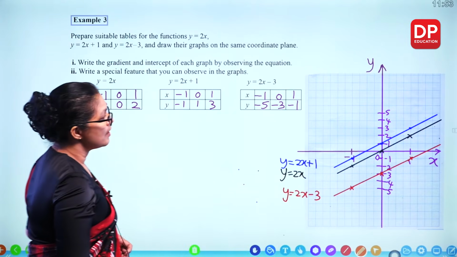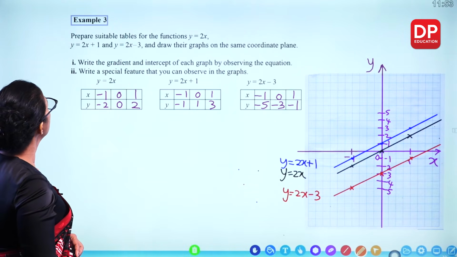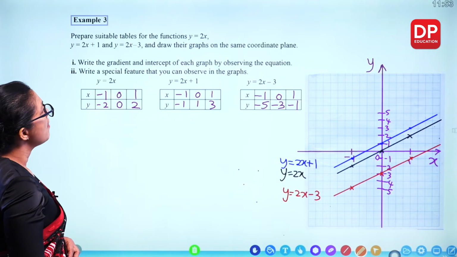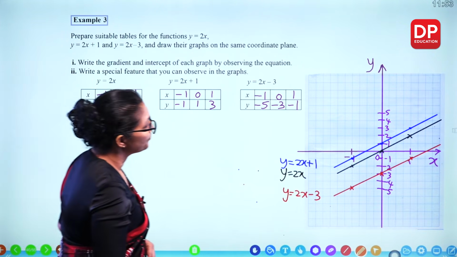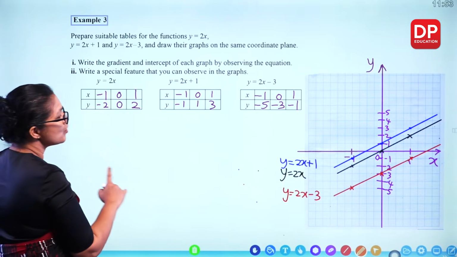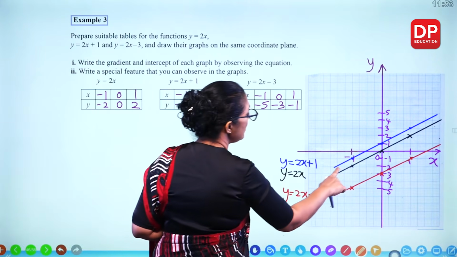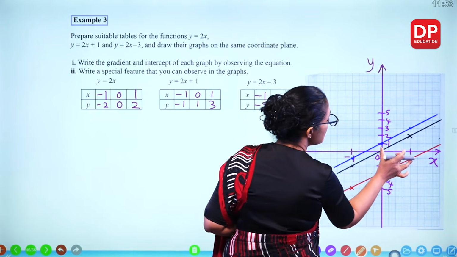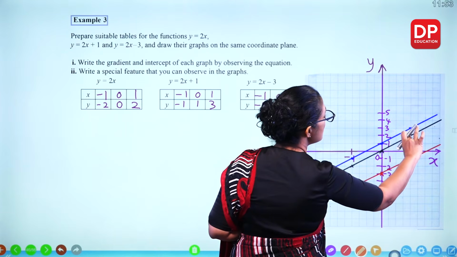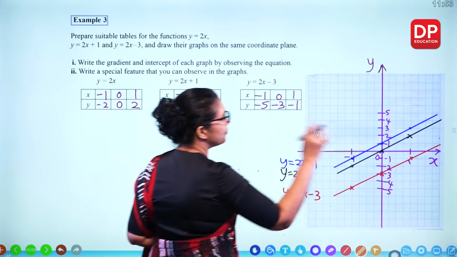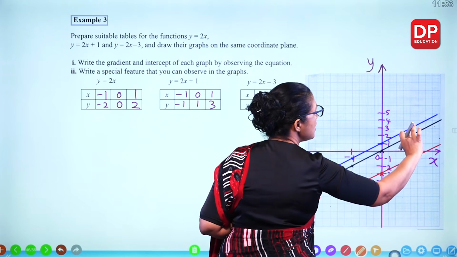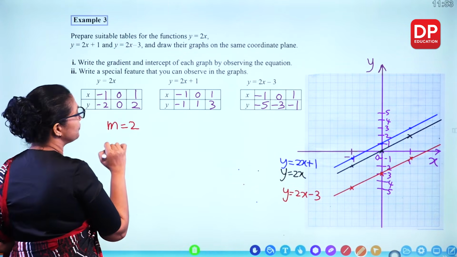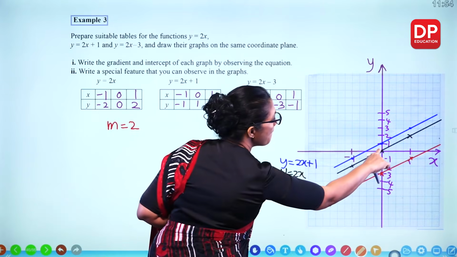Now using the 3 graphs, we'll answer the questions given. Write the gradient and intercept of each graph by observing the equation. So we'll take 2x, the black one, identify the y-intercept and the gradient. Gradient, we can say 1 unit, 2 squares up. When you take 1 big unit, 2 squares up means slope is 2. What's the y-intercept there?